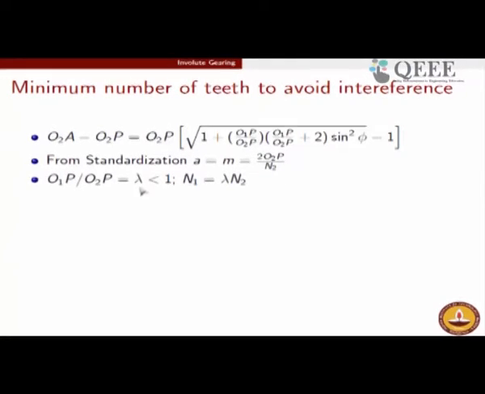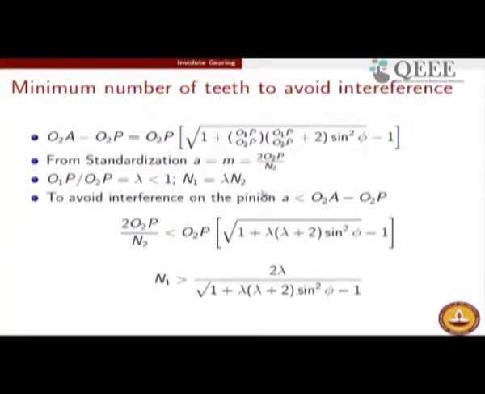We introduce the terminology of gear ratio, lambda, which is the ratio of the two gear sizes, and because the modules are the same, is also the ratio of the number of teeth in the two gears. N1 is the number of teeth in gear 1 and N2 is the number of teeth in gear 2. So, N1 is equal to lambda times N2, as per our notation.